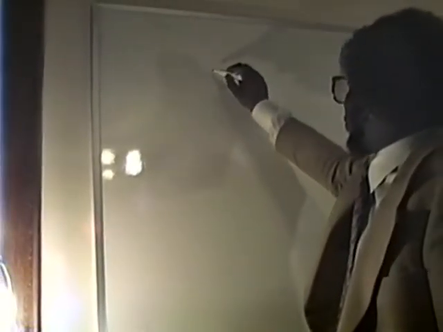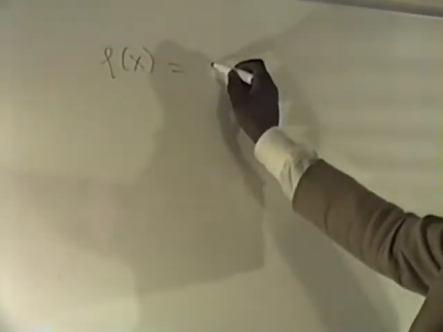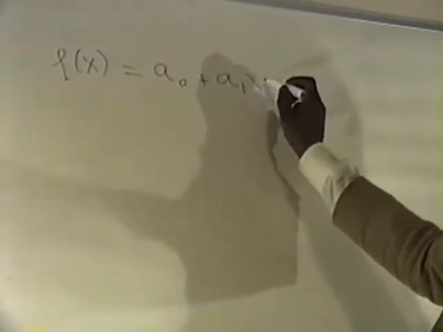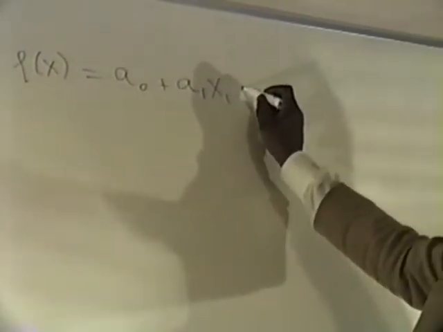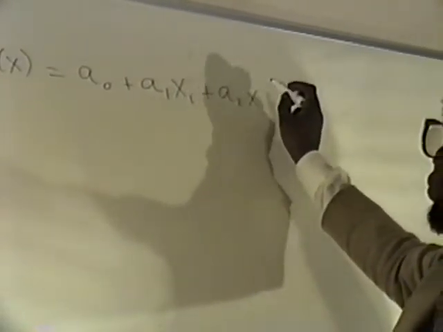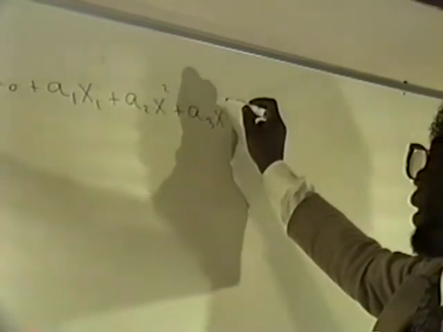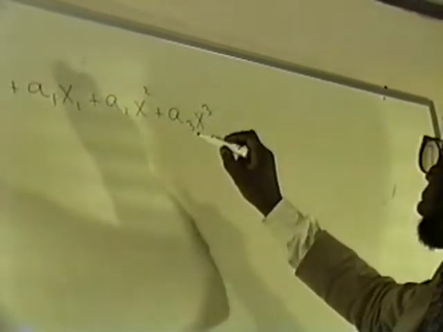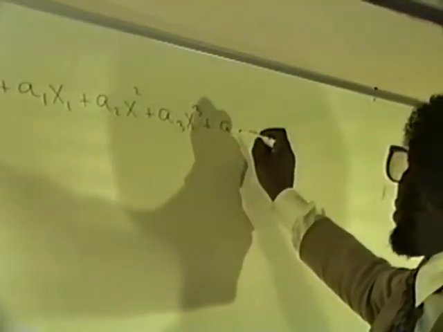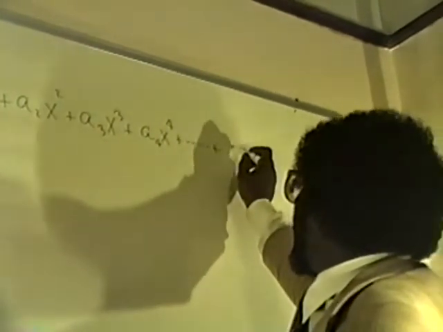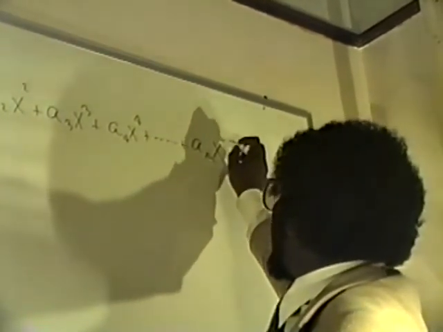Suppose f of x is a polynomial function, and this polynomial function being, let's say, x sub 0 plus x sub 1 x plus x sub 2 x to the second power plus x sub 3 x raised to the third power plus x sub 4 x raised to the fourth power plus etc. plus x sub n x raised to the n power.